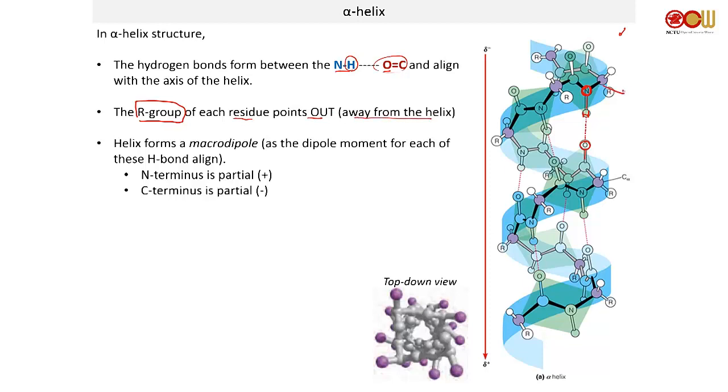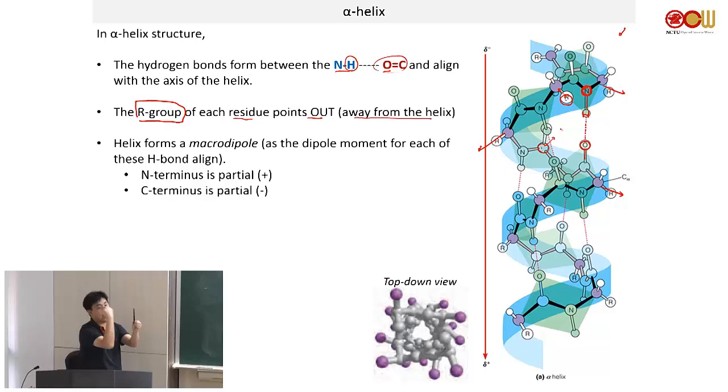So you have an R group pointing that way, an R group pointing this way, and for the ones that face towards the board, this R group is sort of coming out at you, and if it's pointing away, for example this particular carbon, the R group is going to point away from you. So you can think of alpha helix as a cylindrical shape, and the R groups radiate out from the axis of your helix. So the R group points out.